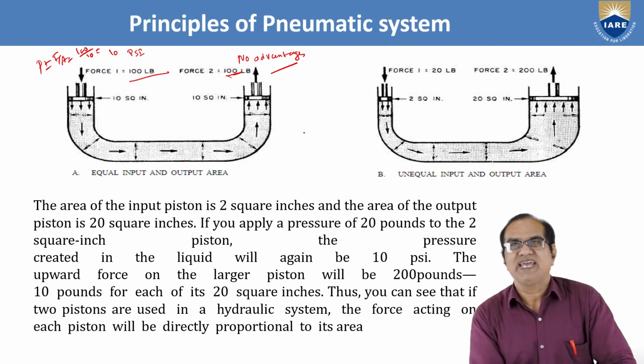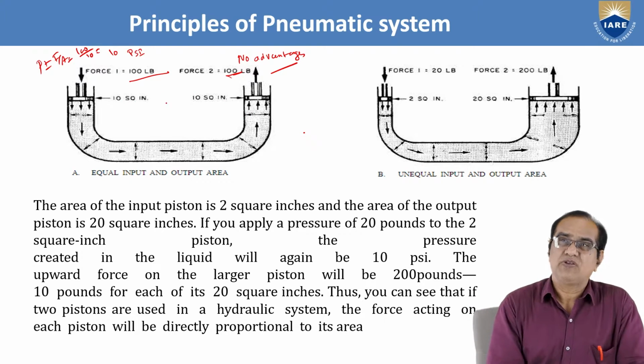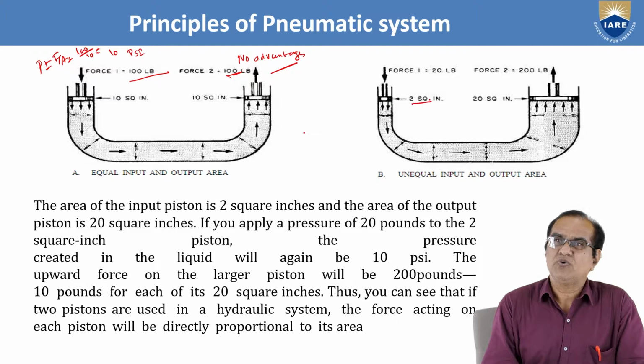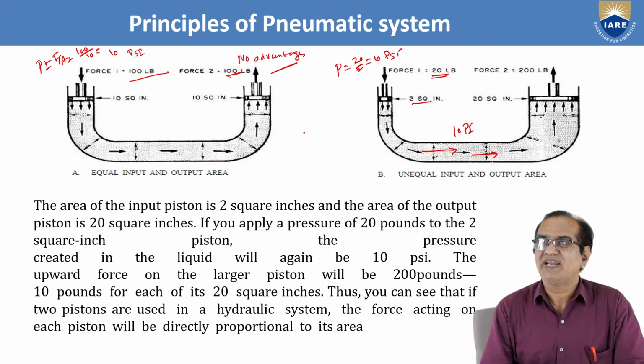If the area is not varying, there will not be any advantage. Next, as you can see in the next case, here the area is 2 square inch, force is 20 pounds. So how much pressure? 20 by 2, 10 psi. So all along here, 10 psi pressure is there. But as and when it is reaching here, the area is 20.